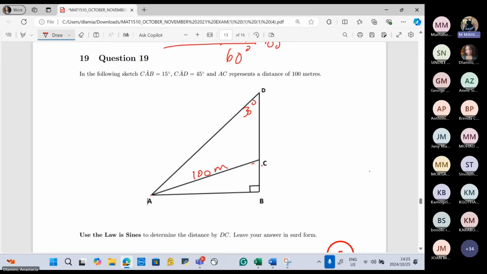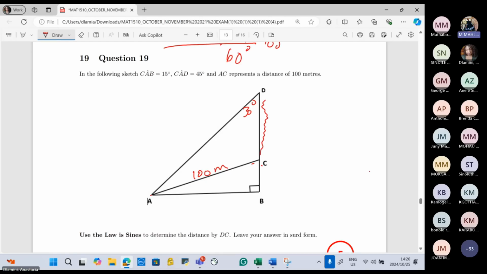And then we are also given that angle CAD is 45, and angle CAB is 15. And then the question says use the law of sines to determine the distance DC. You want this distance? Yes.